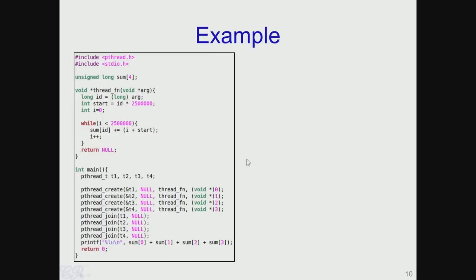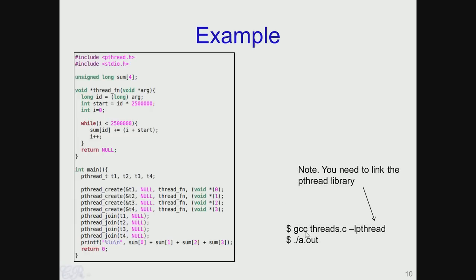Now, in order to execute and run this program, we use something like gcc thread.c, which is the compilation, and we also specify -lpthread, which is the pthread library, which also needs to be linked into this particular executable. So, GCC would result in an a.out executable, which is then going to be executed.